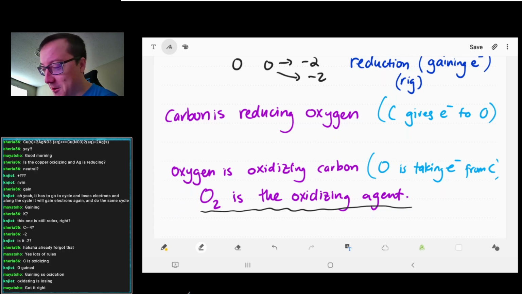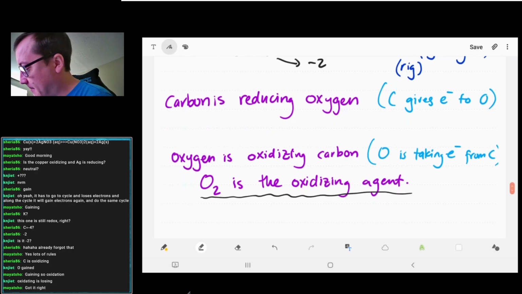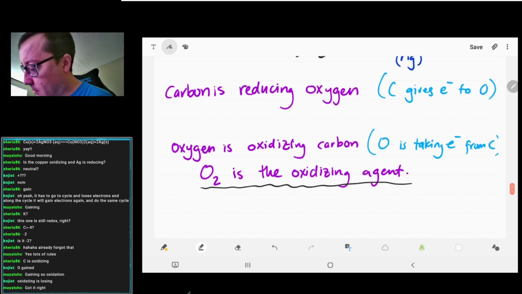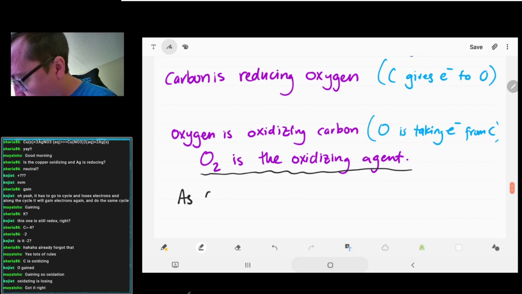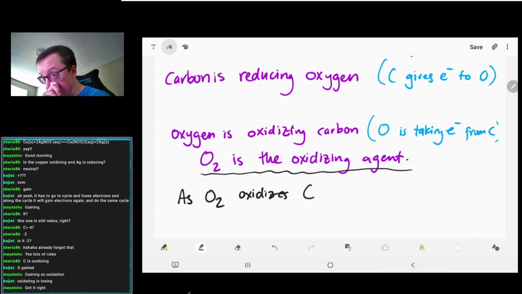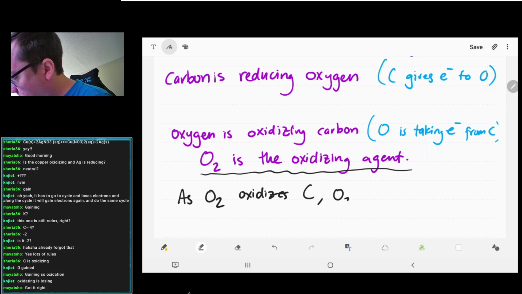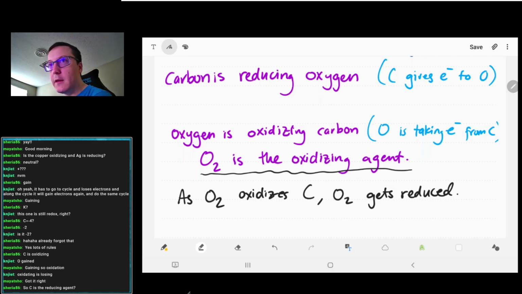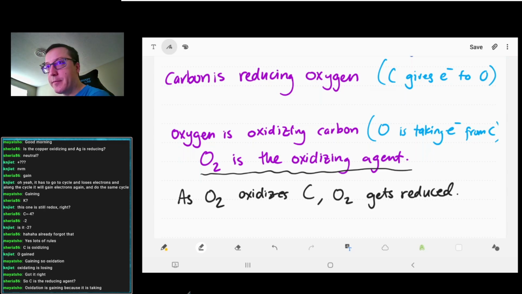Did that just go straight over your heads? Probably. As oxygen oxidizes carbon, this is what this is saying here. Sherry, you are absolutely 95% right.